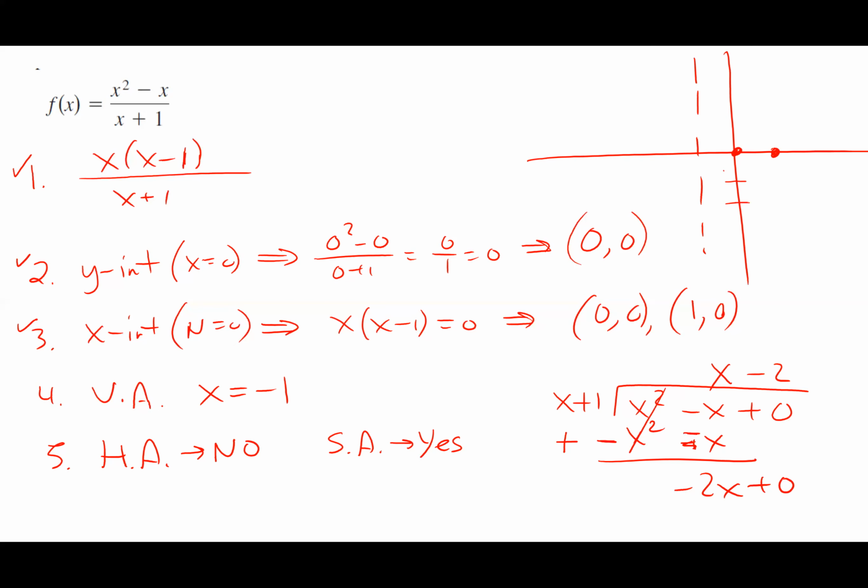Are we good there? So we got ourselves something that looks like this. That means if it crosses at 0, it crosses here at 2 as well.